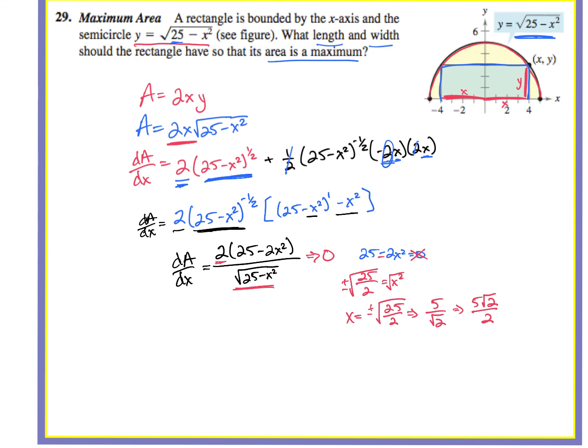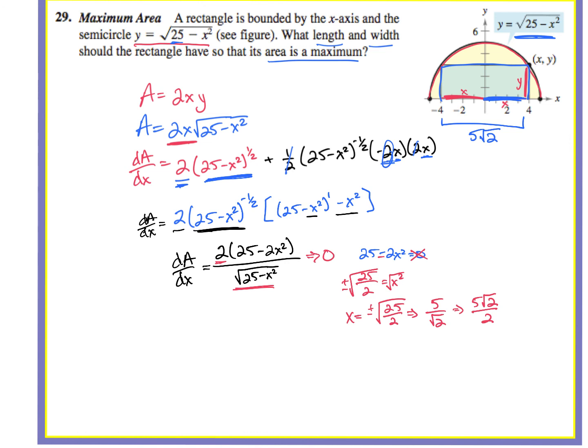That's what x equals. If x is equal to that, right here, that's not even a length or a width of this rectangle. So now what I really need is 2 of them, right? And so I end up having 5 square root 2 as one of my lengths.